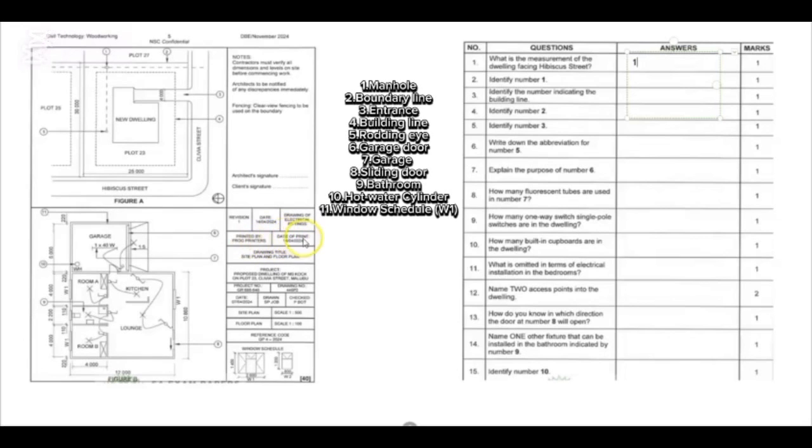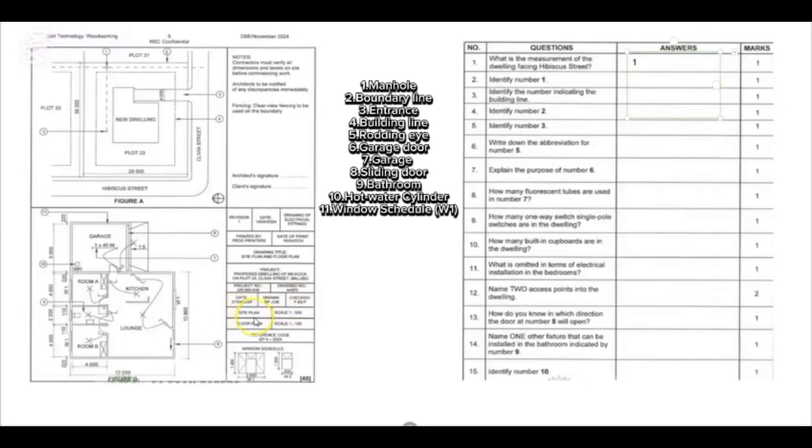The project: proposed dwelling of Ms. Cook on plot 23 Clivier Street, Malubu. Project number GR 688 to 646, and the drawing number is 446P2. The date, the 7th of the 4th month in 2024, and it was drawn by SP Job, checked by P Bobt.